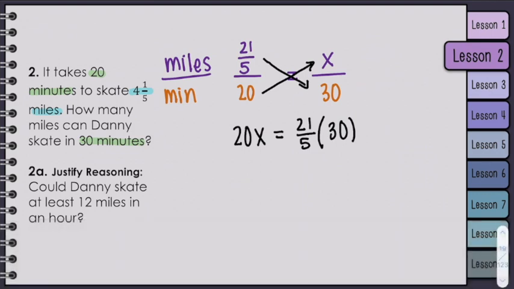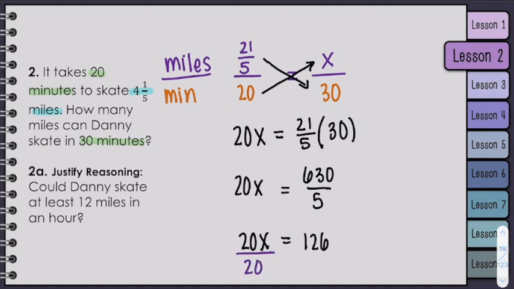So if I get 21 times 30, I'm going to get 630 divided by 5. 630 divided by 5, I'm going to get 126. Remember, 20 and x are connected by multiplication, so we're going to separate that by division. I'm going to divide by both sides. X is going to be 6 3/10 miles.